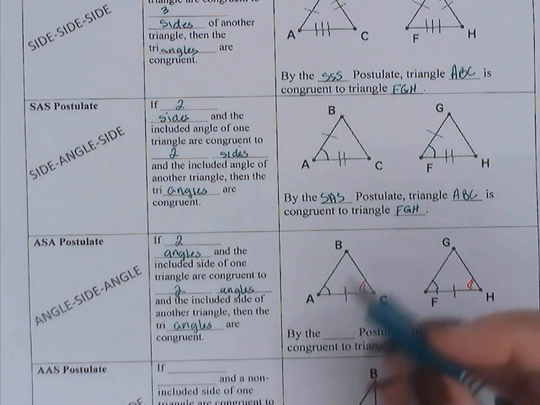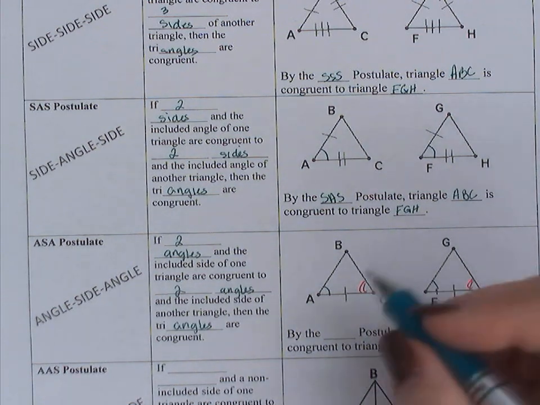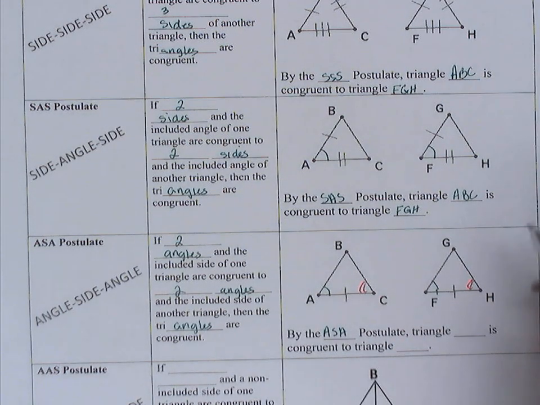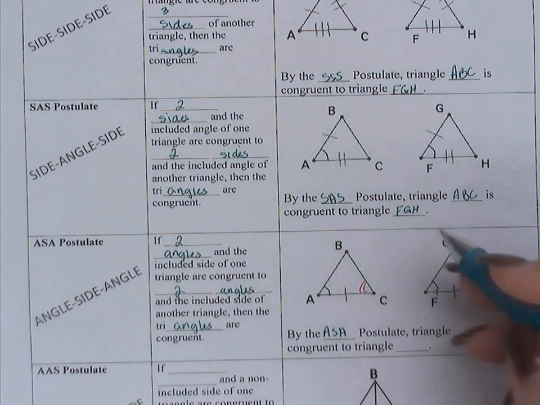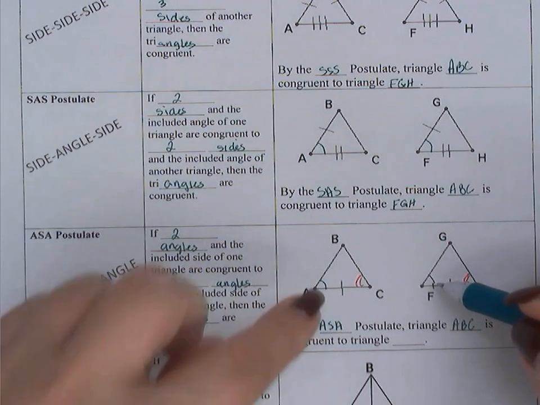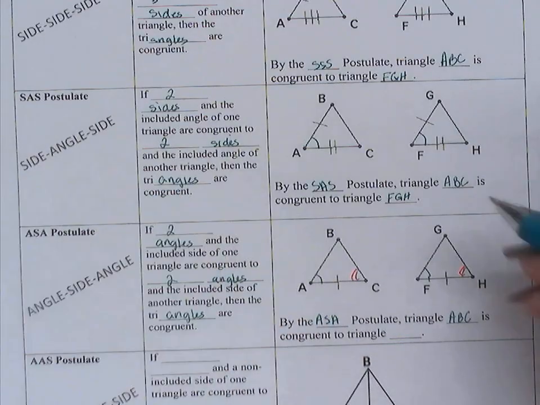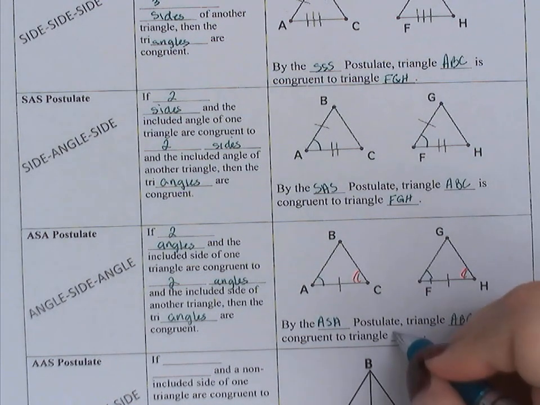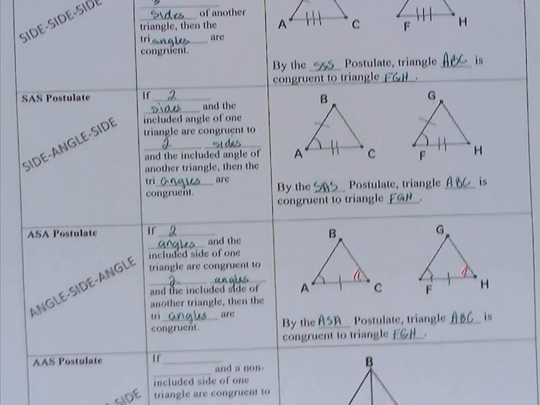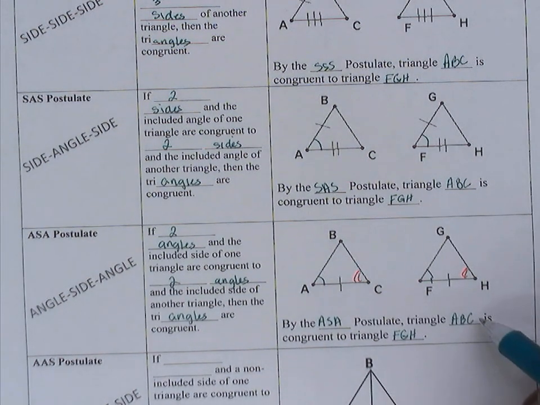So if that is the case, then by angle, side, angle, triangle ABC, and remember you're matching the markings, FGH is congruent. Triangle ABC and triangle FGH are congruent to each other.